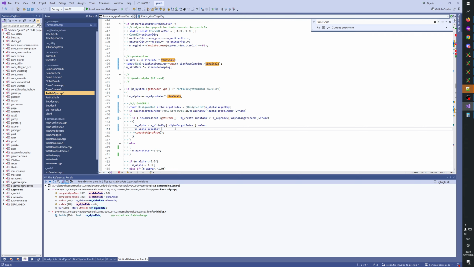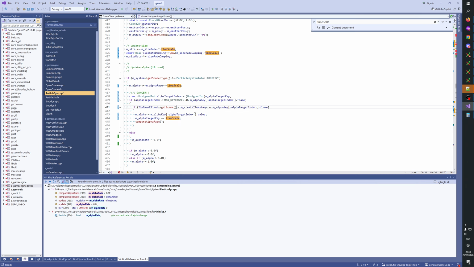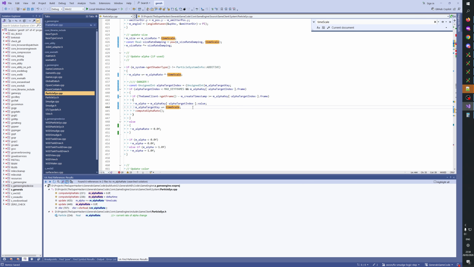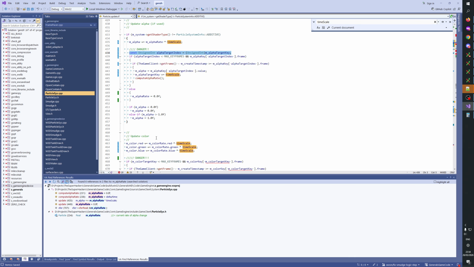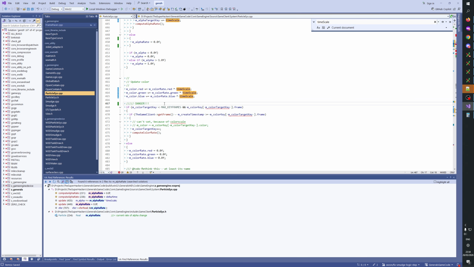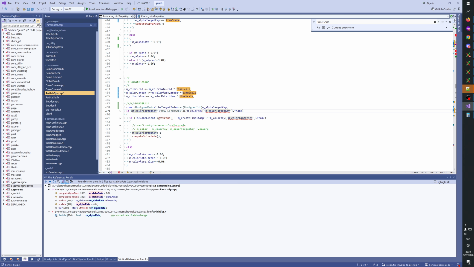Then here we do plus equal timescale. And then that would be it. And here we do color target index.